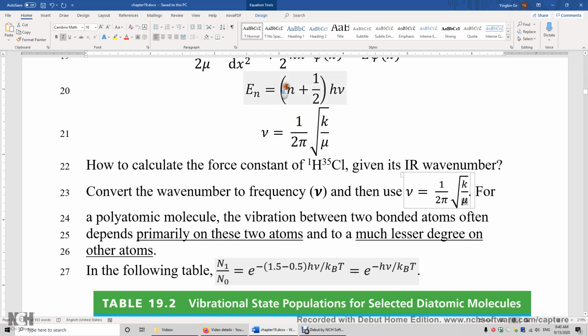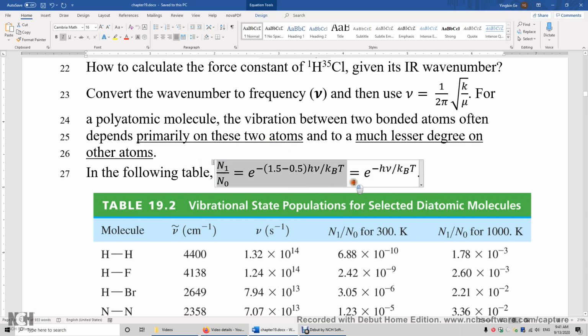Now we know that there are multiple energy levels. We have half h nu, 3/2 h nu, and 5/2 h nu. At room temperature, if we're talking about diatomic molecules, most such molecules occupy the lowest energy level. It's almost always true, assuming the Boltzmann distribution.